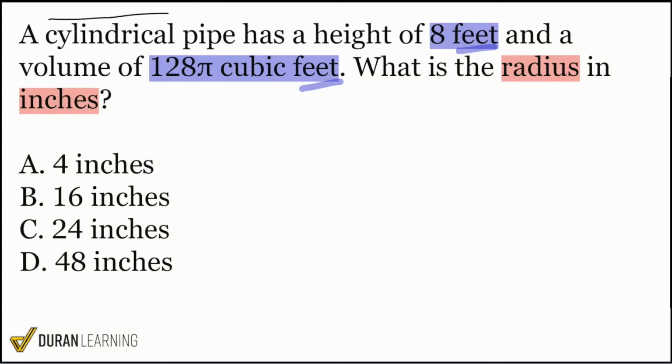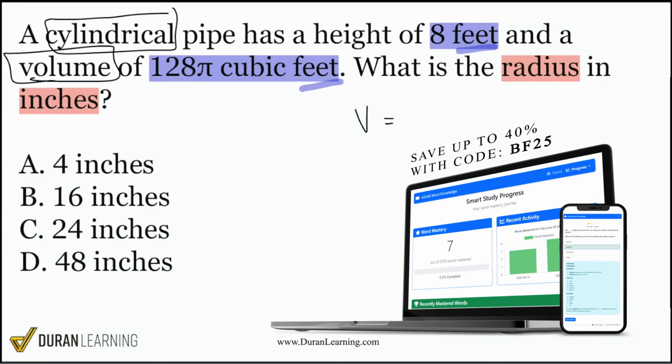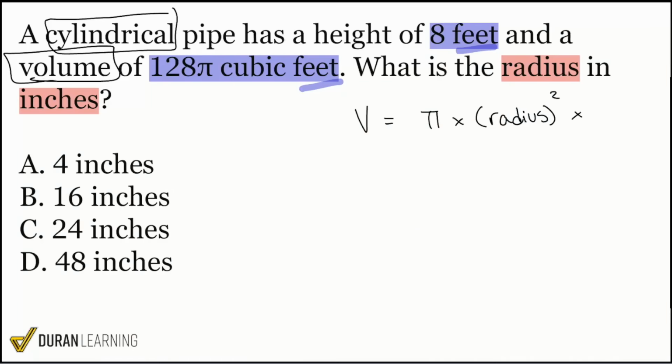We're dealing with a cylinder, we're dealing with volume, so I know that we're dealing with the volume of a cylinder. So I'm going to write down that formula. It's going to be volume equals pi multiplied by radius squared, then multiplied by height. There we are.